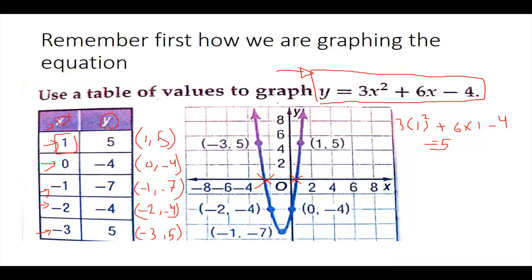The solution here is the intercept between the curve and the x-axis. So here is the solution. I'm not asking now for the solution, I'm asking for the graphing, to remember the graphing, but for now.